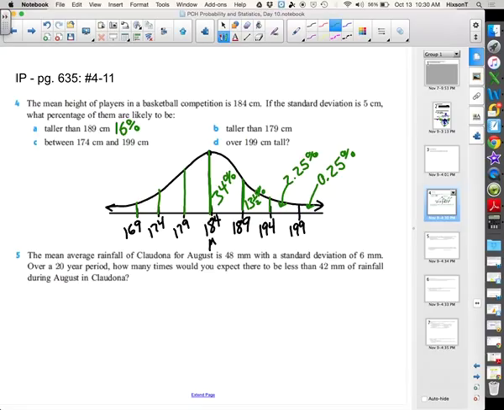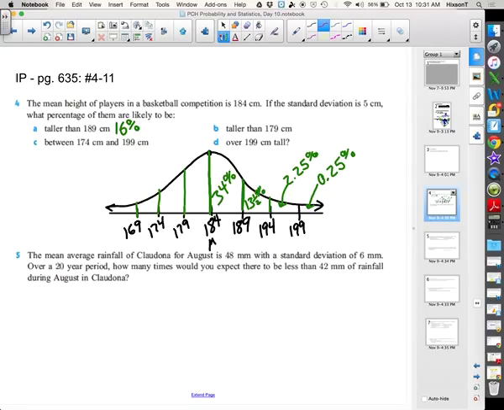So now, what percent is going to be taller than 179 centimeters? 84. 84, okay. If you notice, this is kind of the complement of what we just did, right?